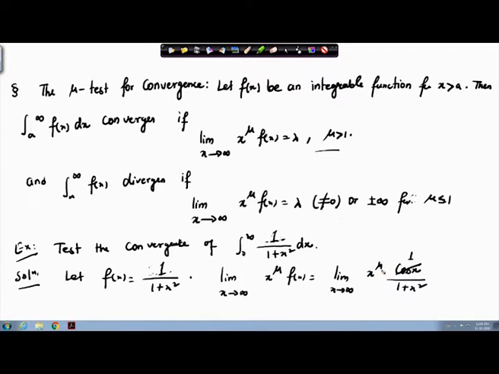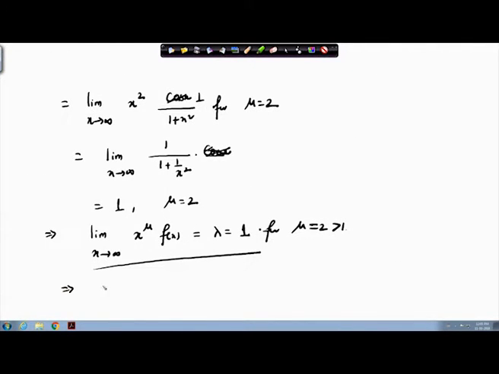If I choose mu equals to 2, which is greater than 1, then the integral from 0 to infinity of dx by 1 plus x square is convergent by the mu test. So, this is one such example of the mu test for this simple problem.